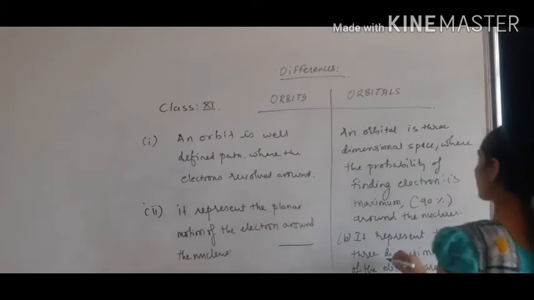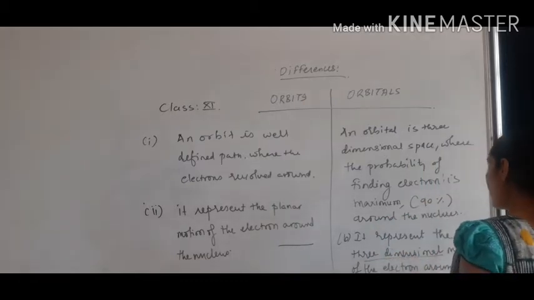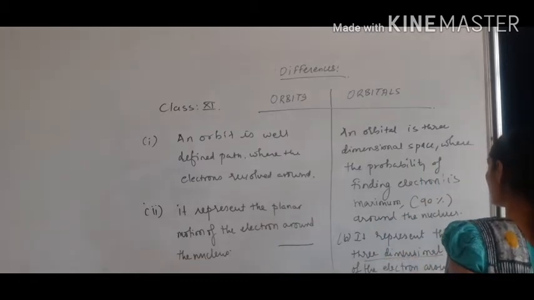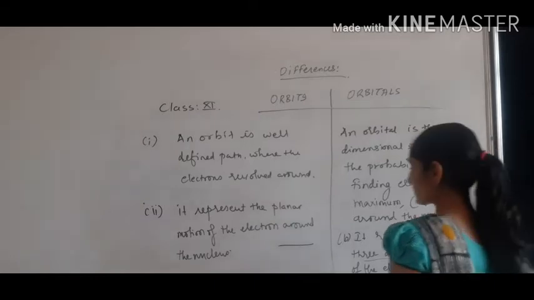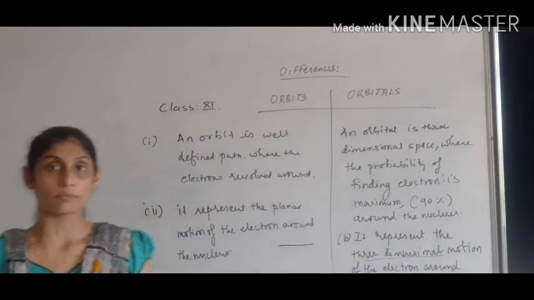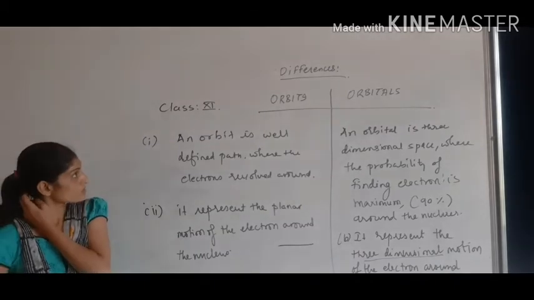That means the motion is three-dimensional, along either the x-axis, the y-axis or the z-axis. So please kindly copy these two points for the orbit as well as the orbital.